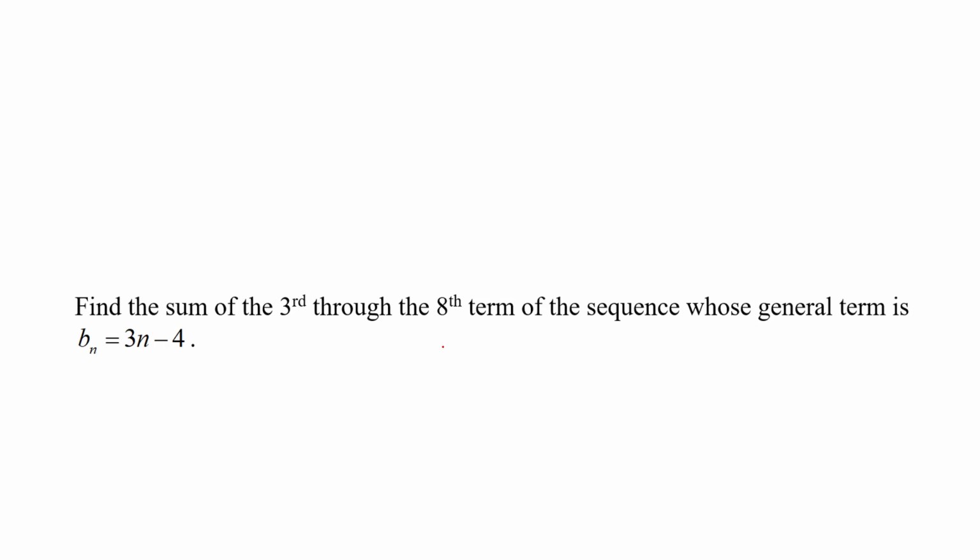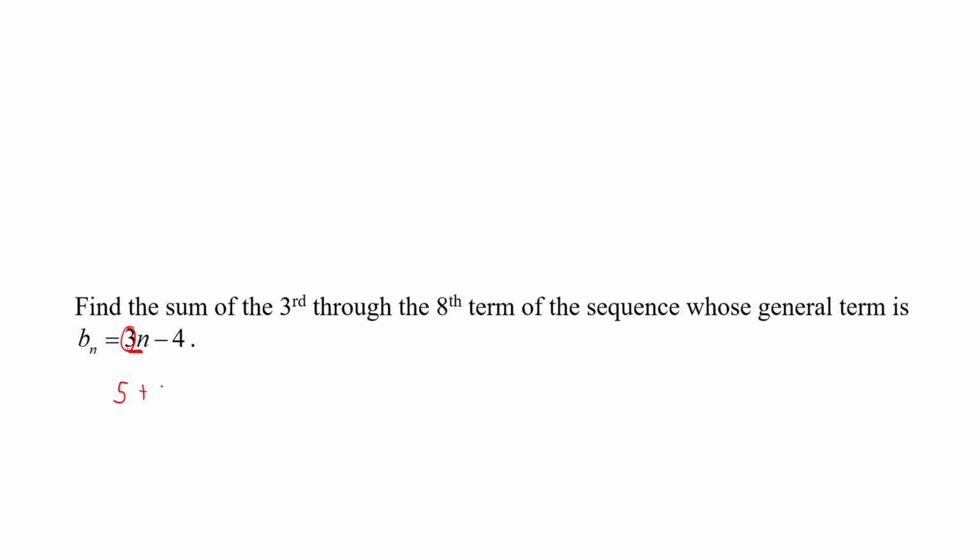Now find the sum of the 3rd through the 8th term of the sequence whose general term is 3n minus 4. And so again, with these simple formulas, a constant times n plus or minus a constant, the terms go up by whatever number is multiplying n. So the 3rd term is 3 times 3 is 9, minus 4 is 5.